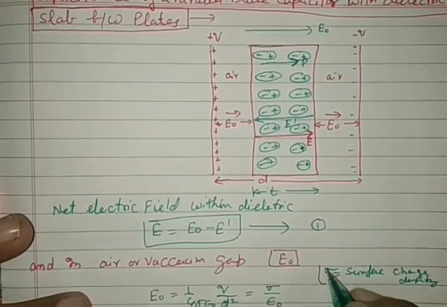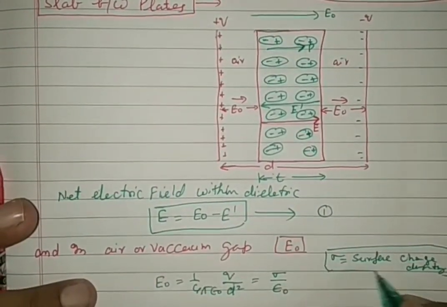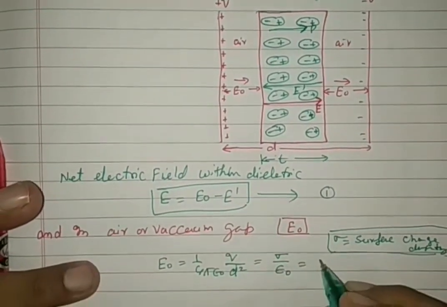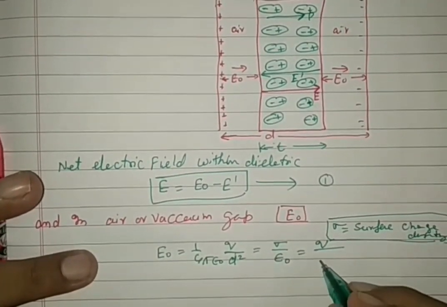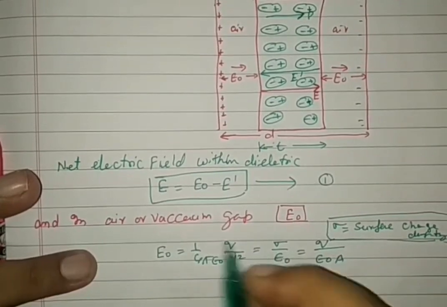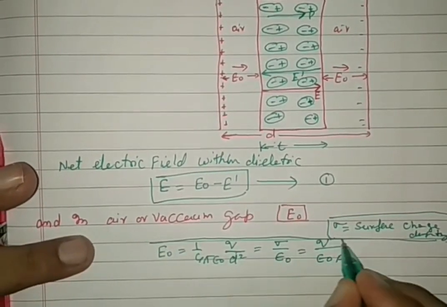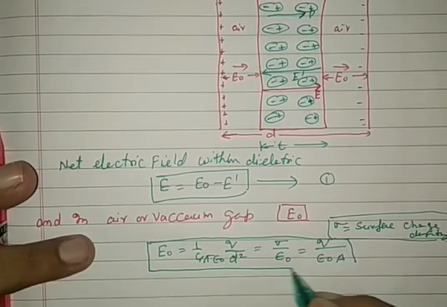Sigma is given by the formula, in terms of charge, Q by A, so E naught is Q by epsilon 0 A. See equation 2.